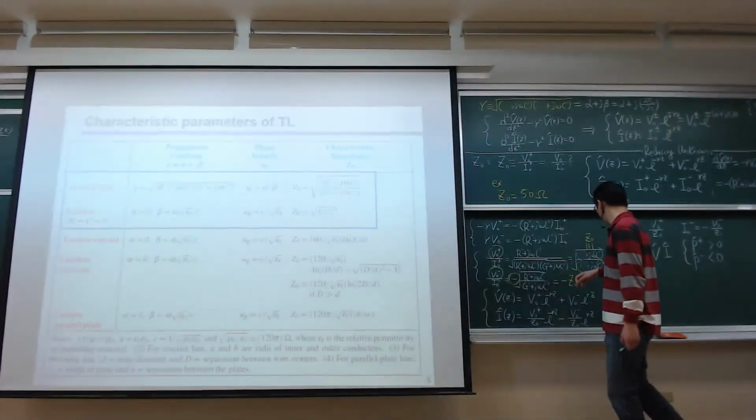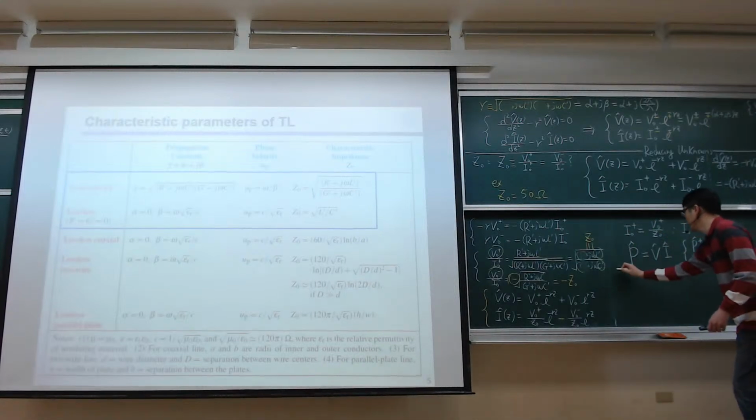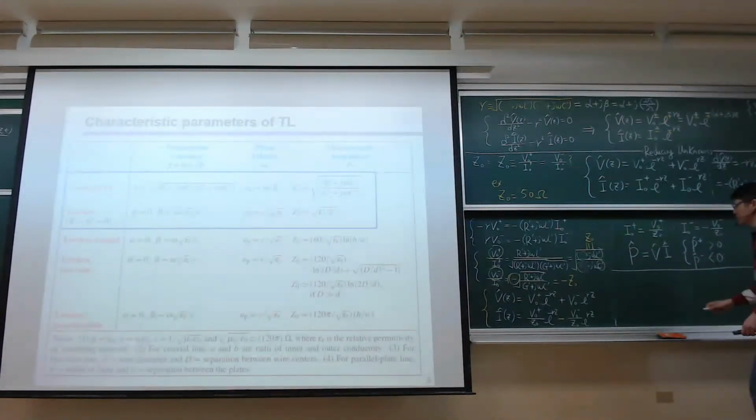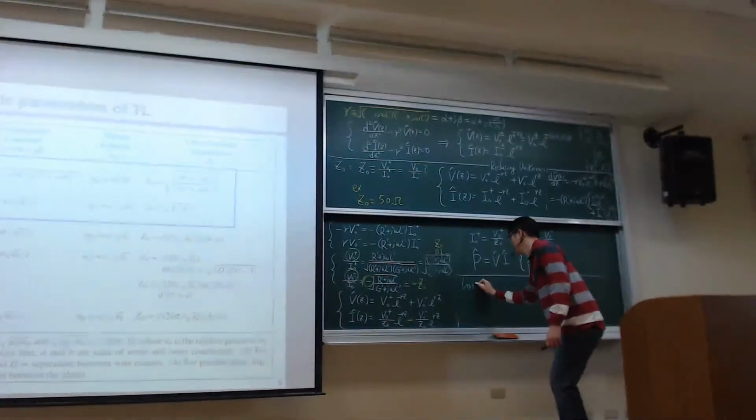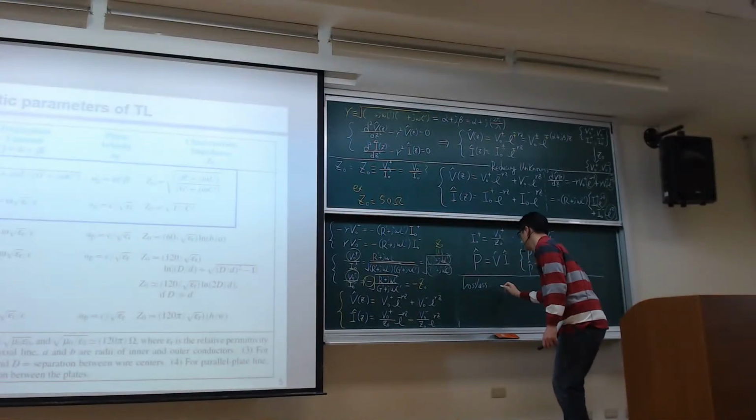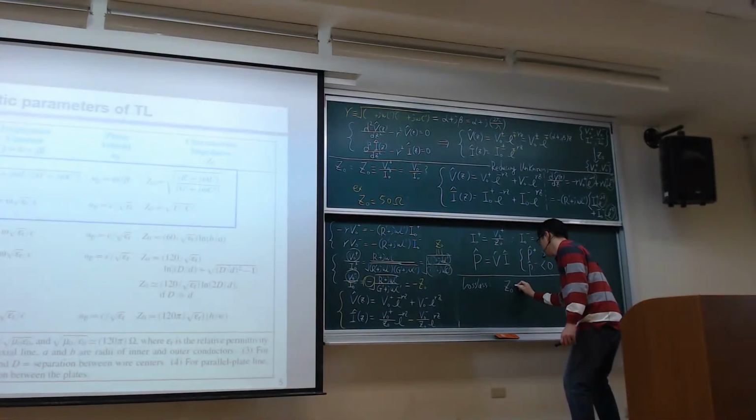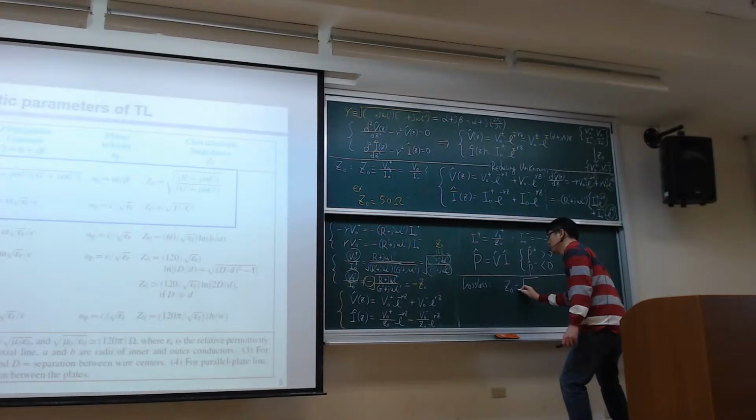Here, let me write it for you. Z0 is now the square root of L prime divided by C prime.